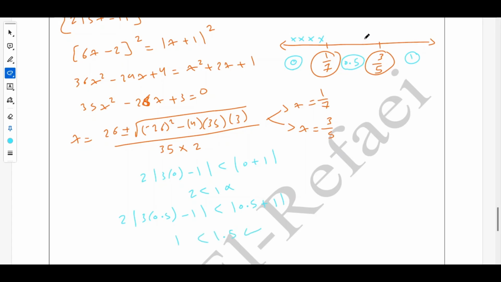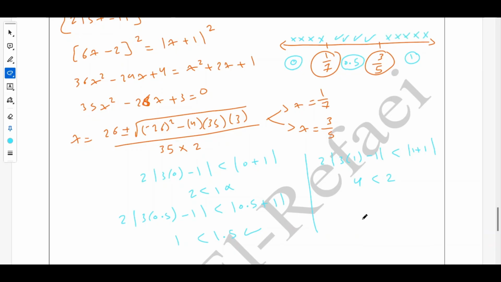So this is a correct inequality. 2, 3 by 1 minus 1, less than 1 plus 1, 4 less than 2, incorrect.